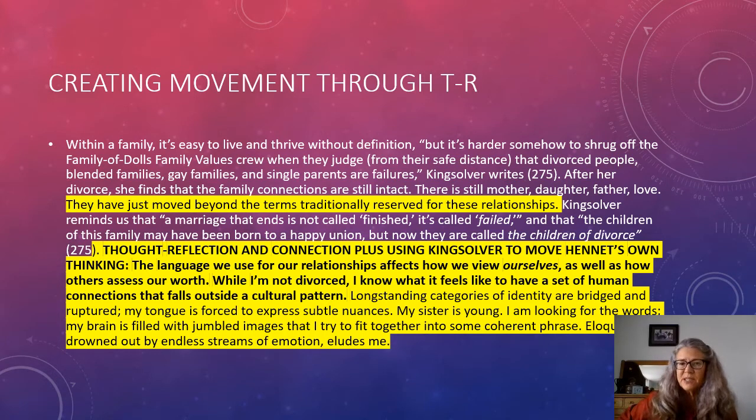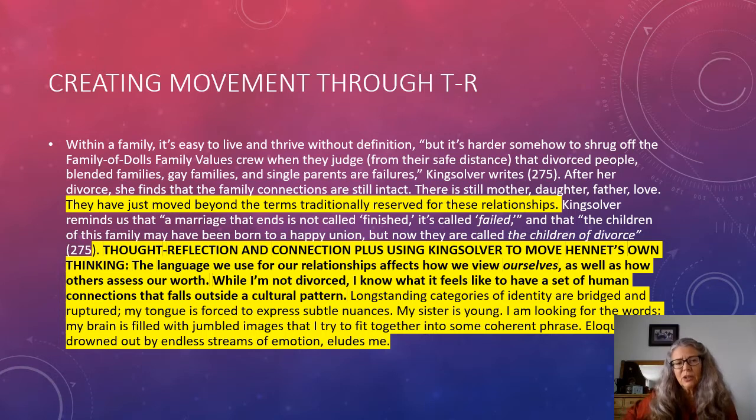Hennet is now going to narrow down even further to the terms by which marriages and children are called. Kingsolver reminds us that a marriage that ends is not called finished, it's called failed, and that the children of this family may have been born to a happy union, but now they are called the children of divorce.